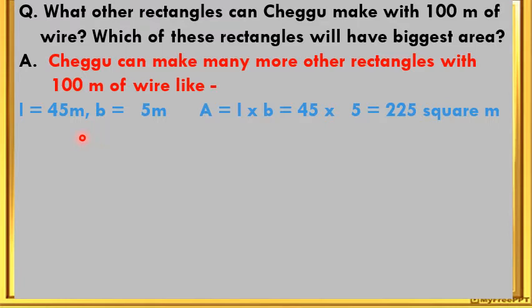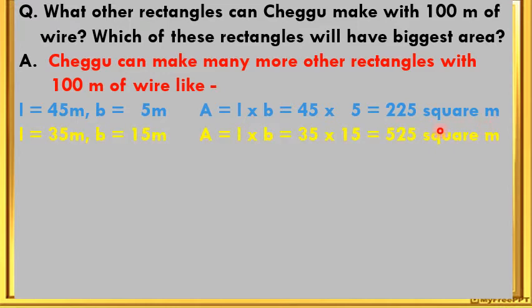Like first, suppose if length is 45 meters and breadth is 5 meters, that is 45 plus 5 plus 45 plus 5 forms 100 meters long wire. So area is length multiplied by breadth, that is 45 into 5, that is 225 square meters.